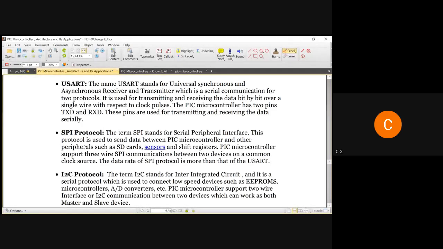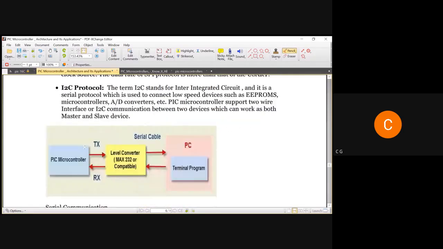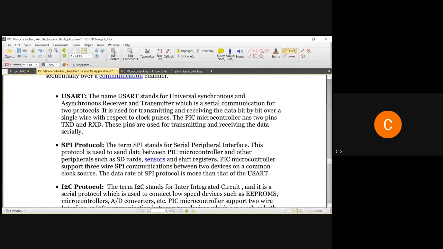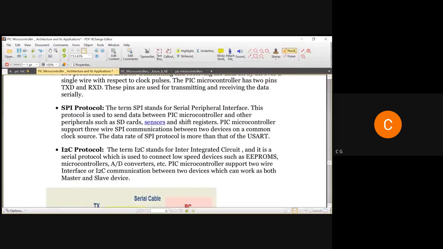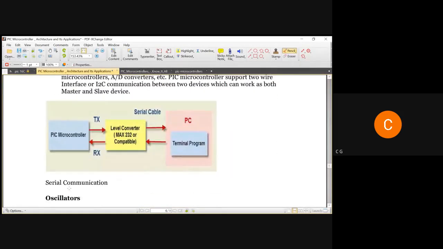If you want to study all these protocols, they have their own books and different methodology within them. We only need to know the use of these protocols: the device works on a particular protocol, and we have to communicate with that protocol only. Here you can see the PIC microcontroller, TX and RX. This is the transmitter, and this is the receiver. Then you have a level converter which converts these levels, and then you have a PC or terminal program.